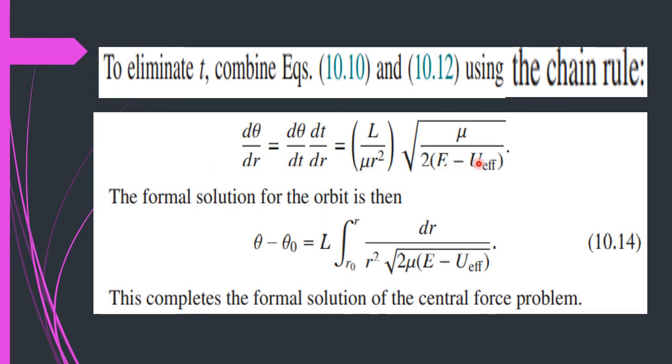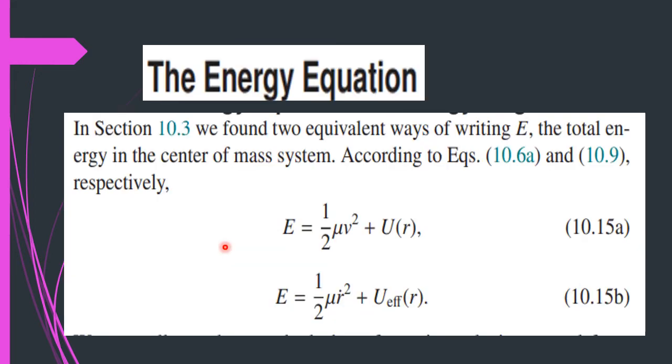The formal solution of this equation will be theta minus theta 0 equal to L times the integral from r0 to r of dr by r square root of 2 mu (E minus U effective). This equation is the formal solution of the central force problem. It gives the variation of r with theta, which we call the trajectory or the orbit of the particle.